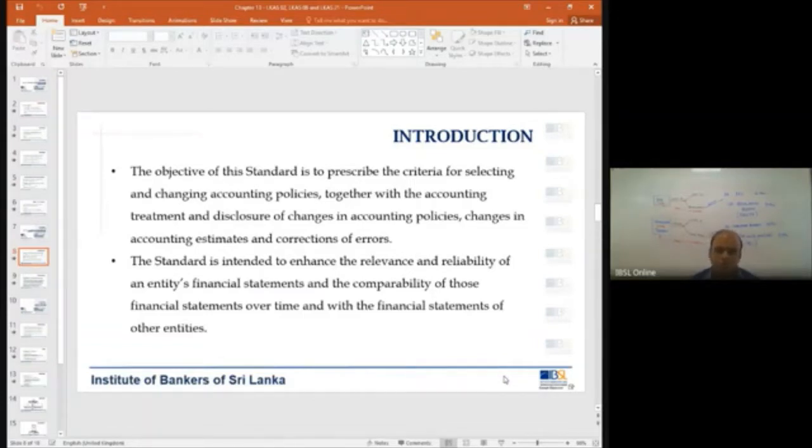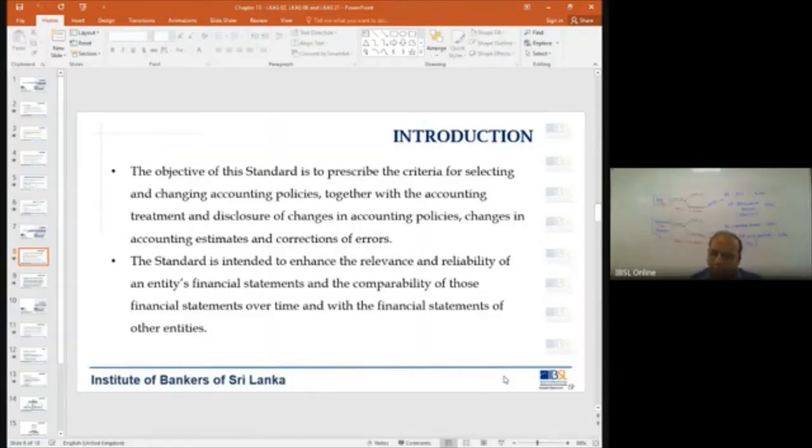How do you do it? The standard is intended to enhance the relevance and reliability, so you know these terms, relevance and reliability, right? Of an entity's financial statements and the comparability. So now whatever we learned in the first chapter or the second chapter is coming into the picture. Relevance, reliability, comparability. What the accounting standard expects is to fulfill all these requirements.